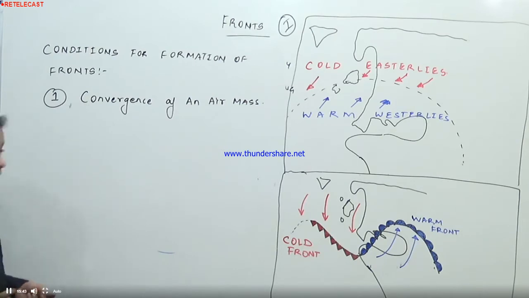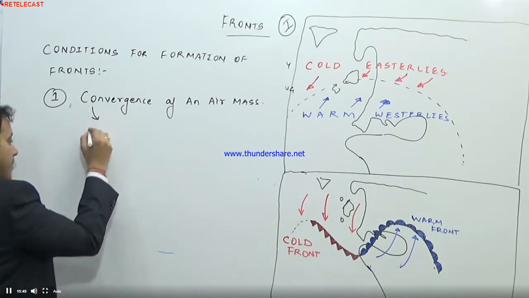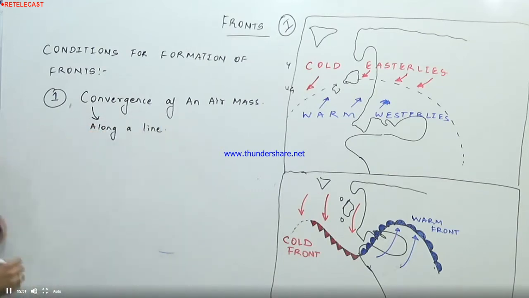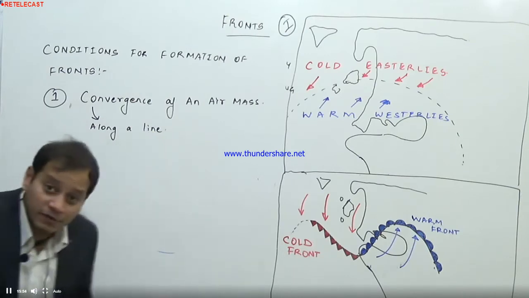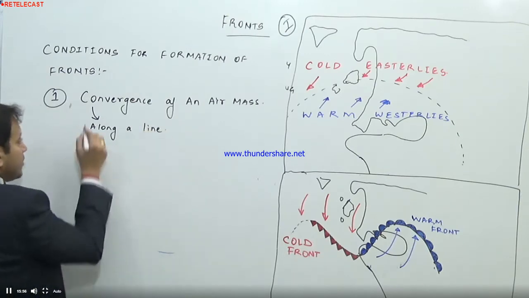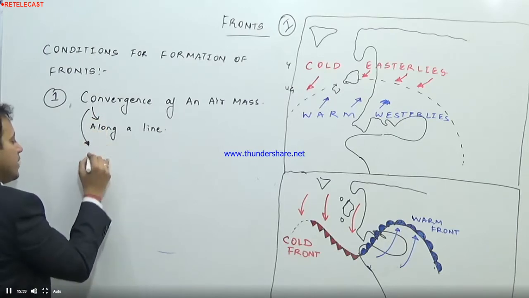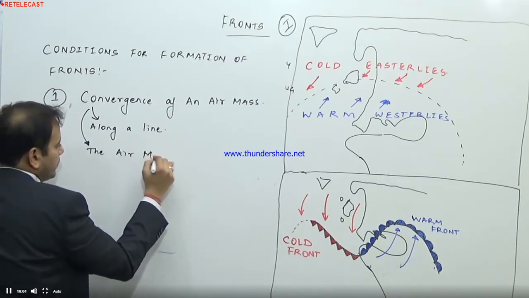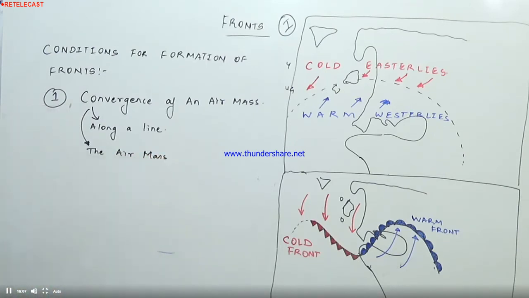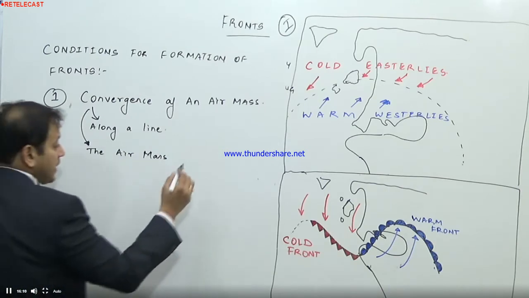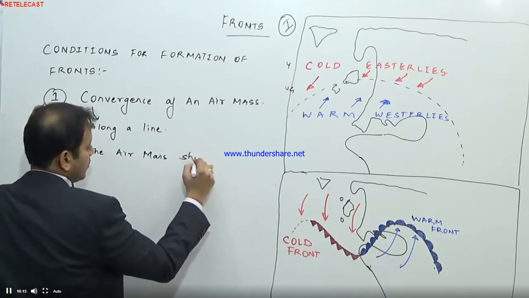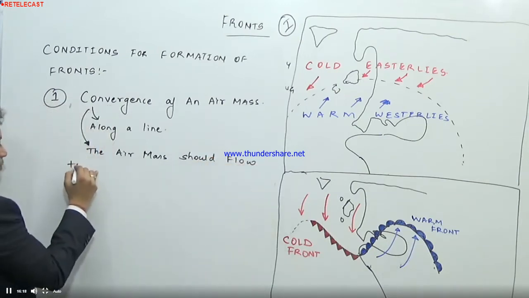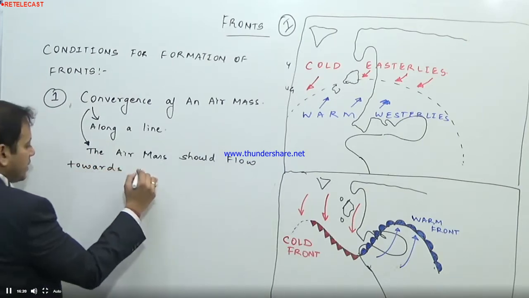Now what kind of convergence is there? Convergence along a line. The convergence should be along the line. And for convergence to occur, the air masses should have opposite directions, towards each other.